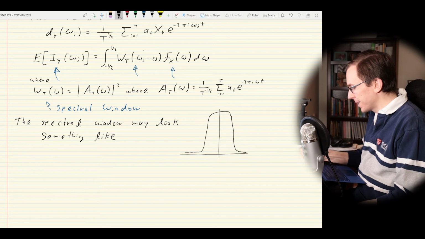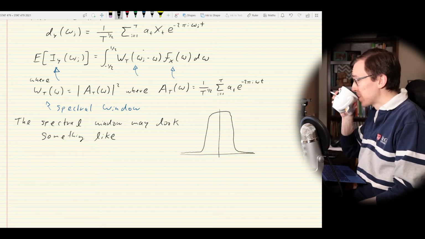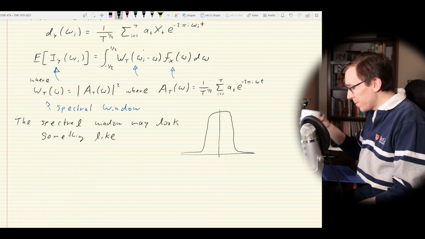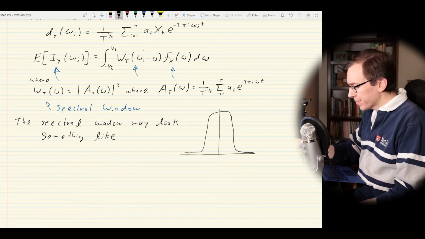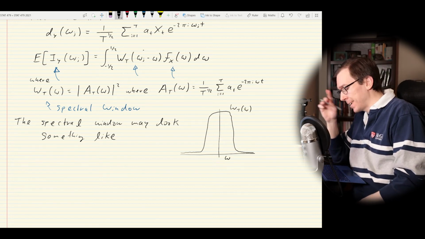It's supposed to be symmetric, I can only draw so symmetric at this point in the term. So our W_t(omega) might look something like this for the omega axis here.